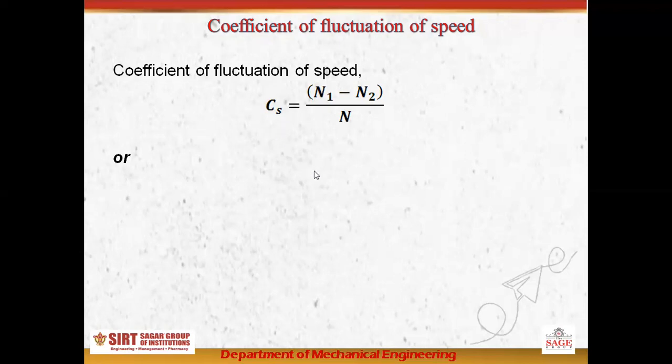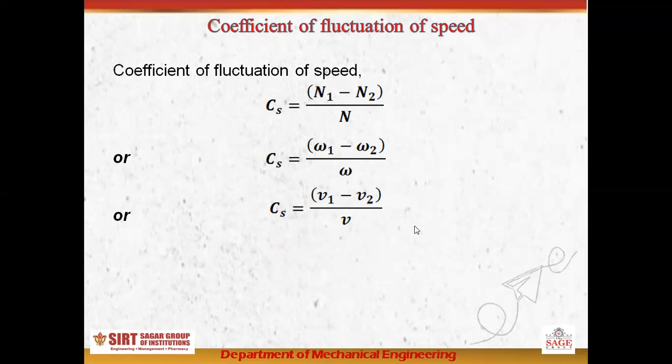It can also be written in terms of angular speeds, that is omega 1 minus omega 2 upon omega, or in linear velocity, v1 minus v2 upon v, which is equal to the coefficient of fluctuation of speed.